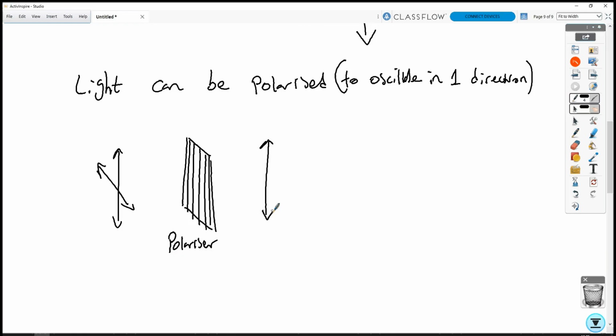However, there's an interesting point here. If we had components of the wave that were at some angle between those two, those ones will still get through, but they will change directions as they pass through. So a common misconception is that the polarizers block the light that's at 90 degrees to it.